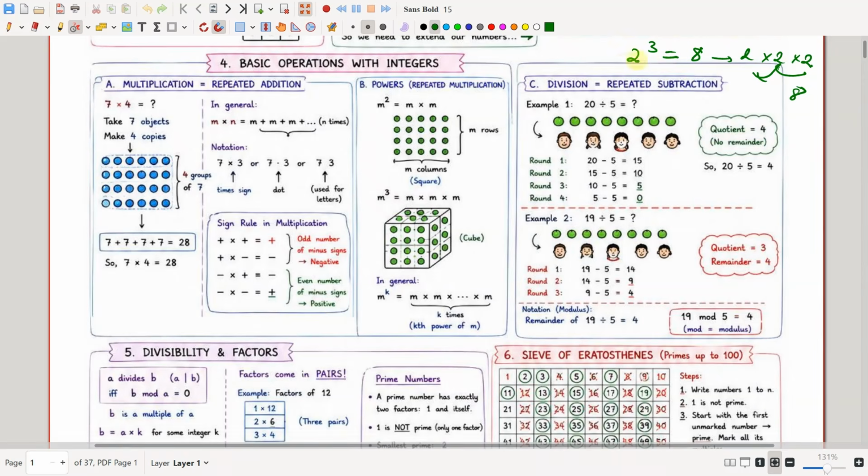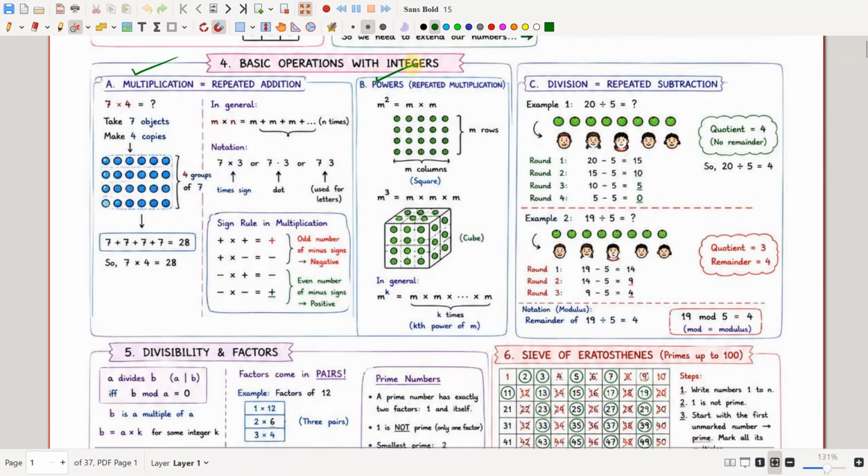So see here, powers is equal to repeated multiplication. So m square is equal to m into m, m cube is equal to m into m into m. So in general, m power k is equal to m into m into m, up to k times. Okay, so we have seen multiplication, we have seen powers.